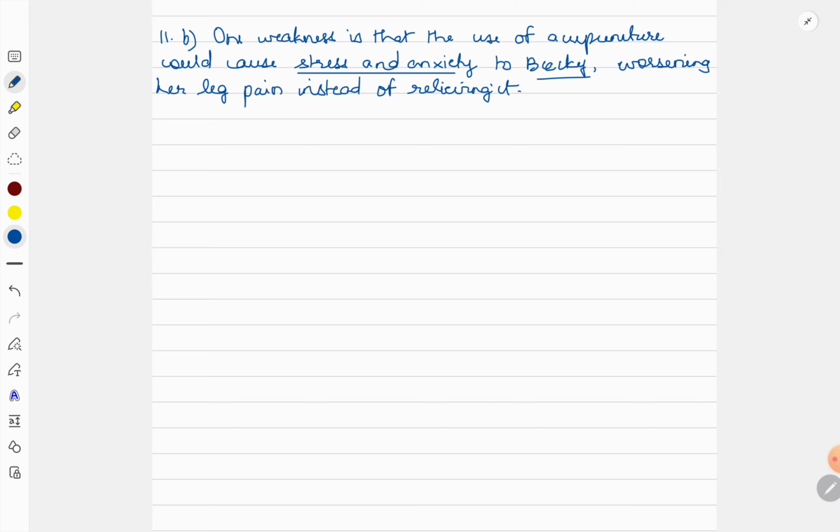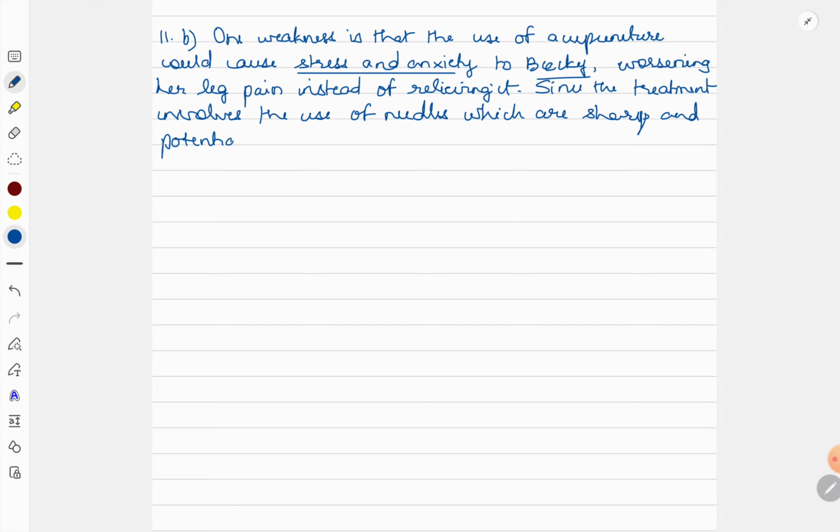So how I would elaborate on this is, since the treatment involves the use of needles, which are sharp and potentially invasive, Becky could perceive them as dangerous.